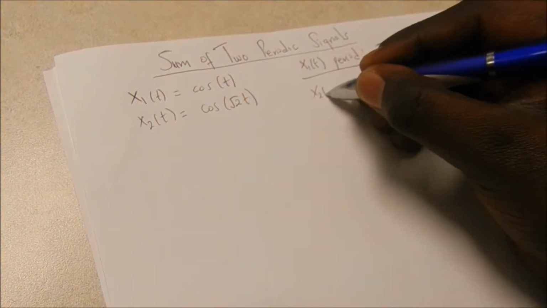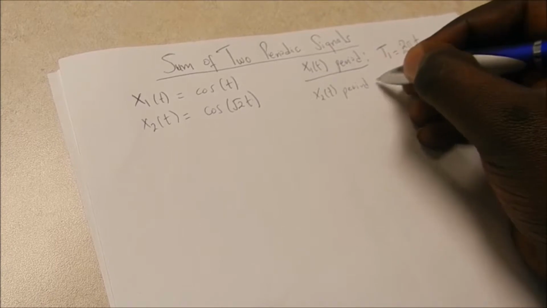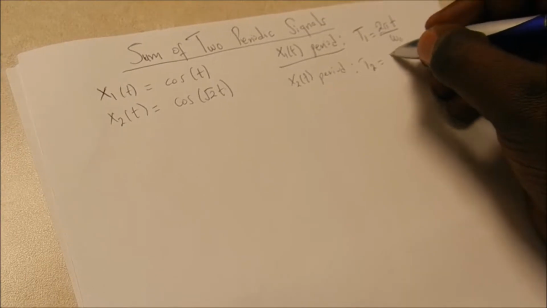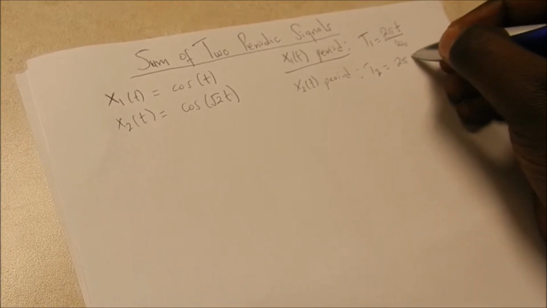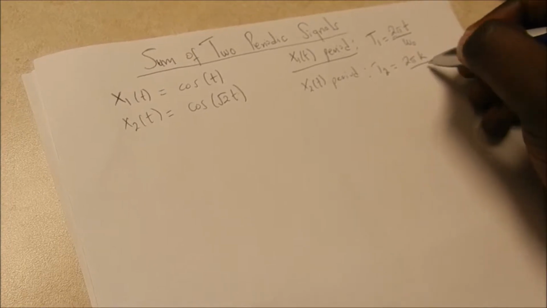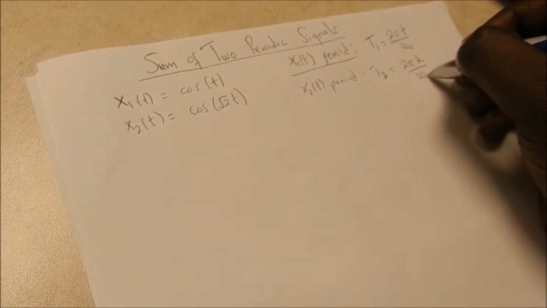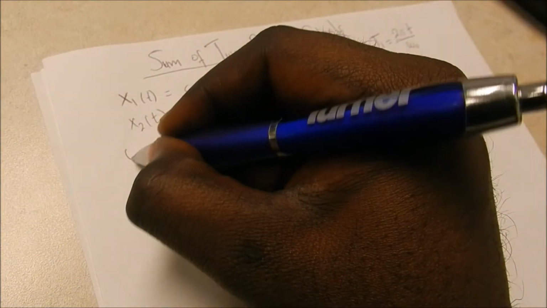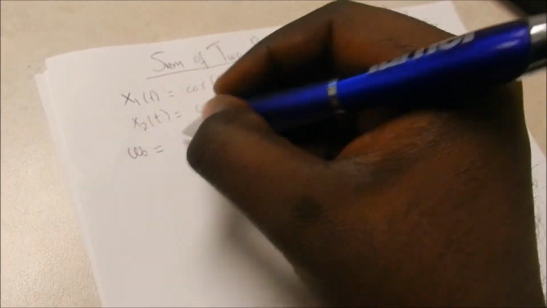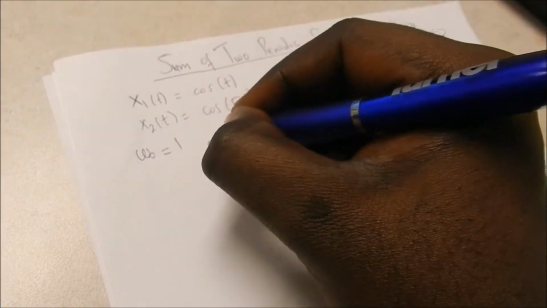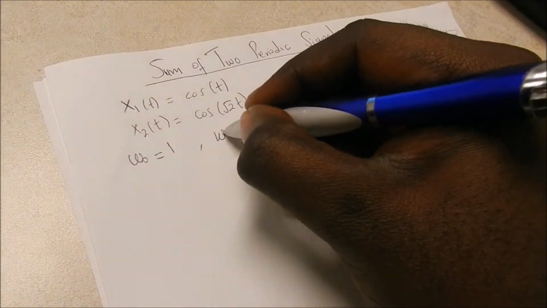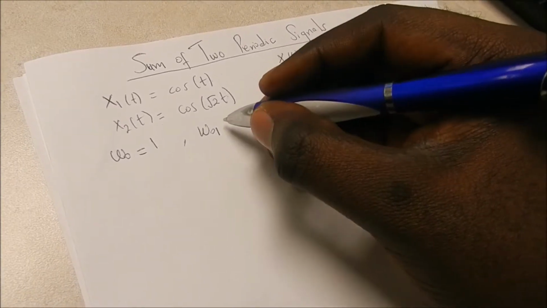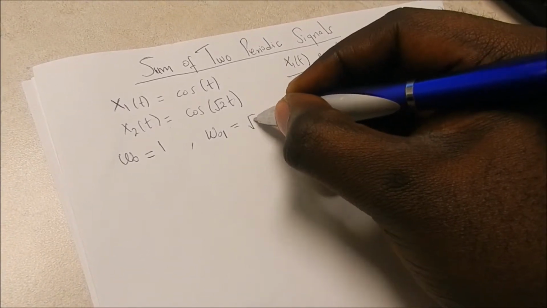And for x2 of t, the period will be something similar, 2 pi, let's call this k, over omega 01. So omega naught in x1 is equal to 1, and omega 01 in x2 of t is equal to square root of 2.